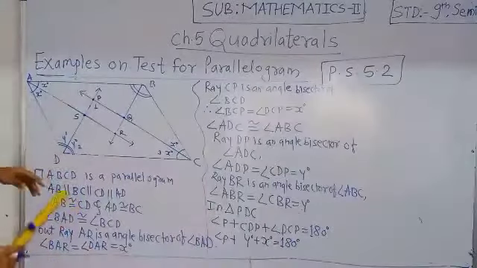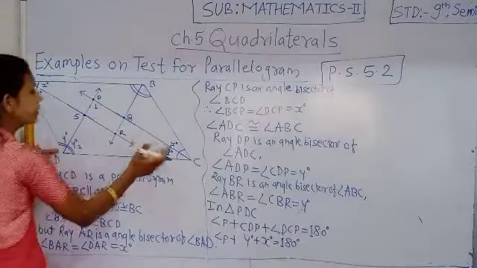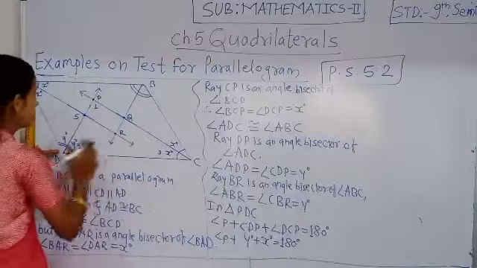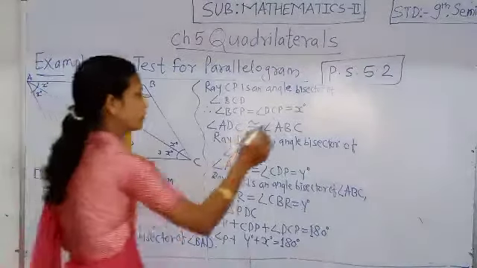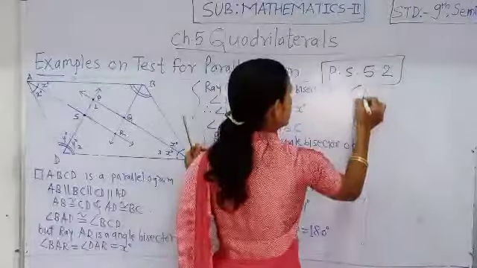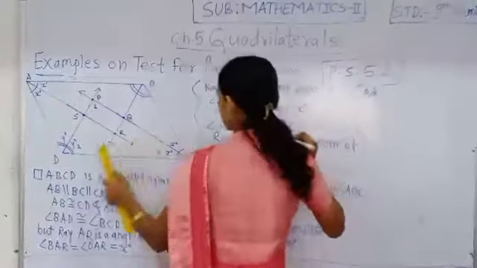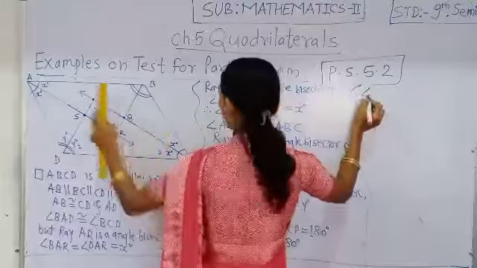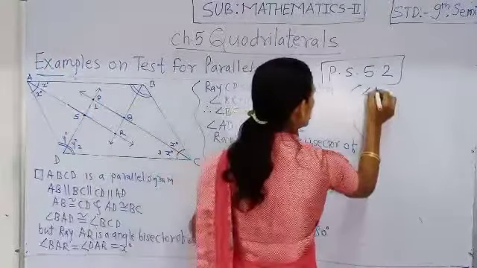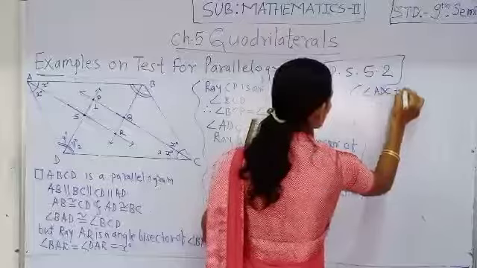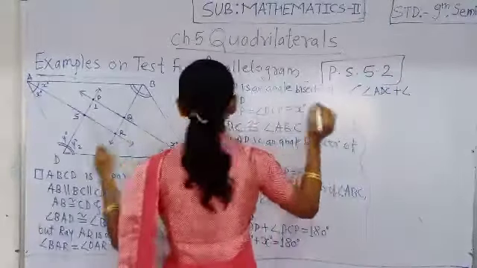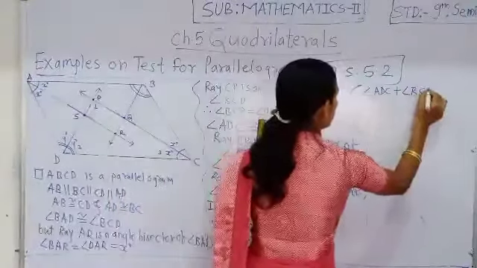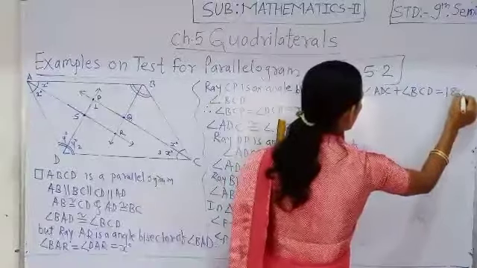But see here the adjacent angles of parallelogram are supplementary. Therefore, see here angle ADC plus angle BCD is equal to 180 degree.